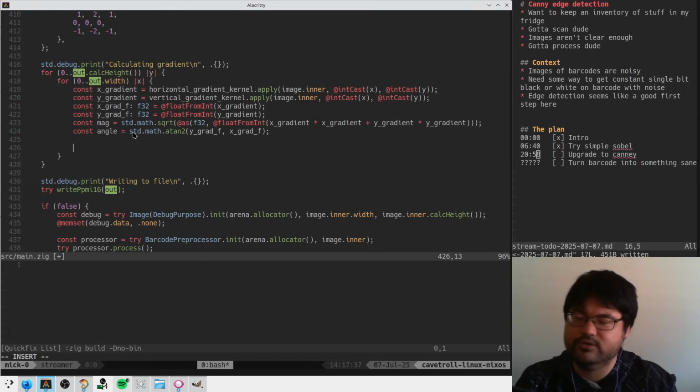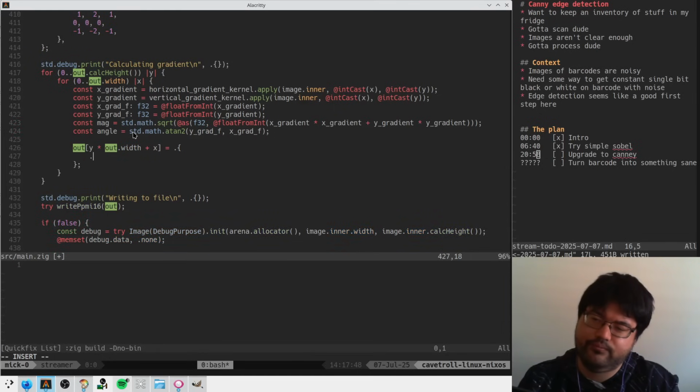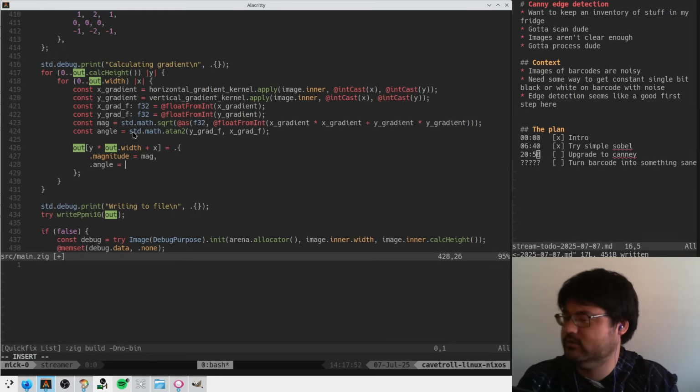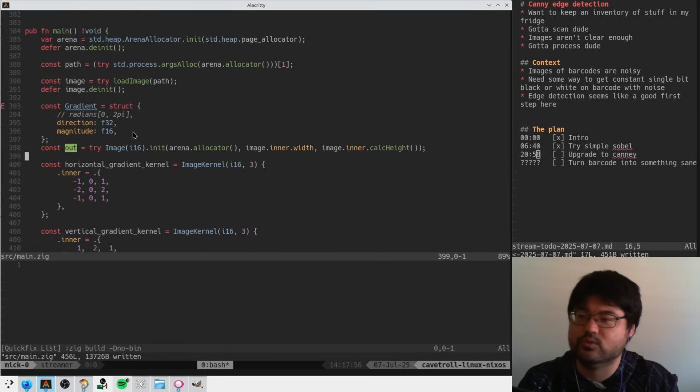And then it's just out at Y times out width plus x is equal to, magnitude is mag and angle is angle. Seems reasonable so far.